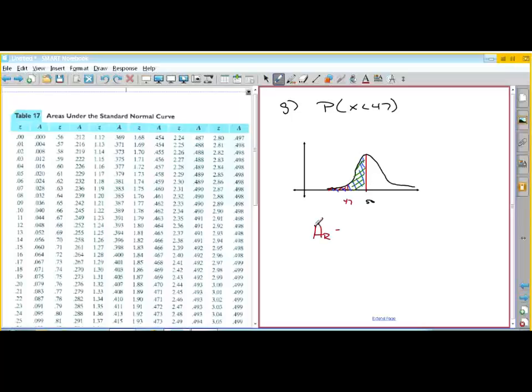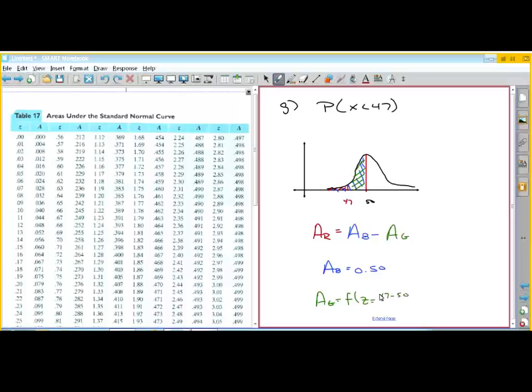So in this case, our red area is equal to our blue area minus our green area. But for our blue area, we don't have to use any calculations because that is 0.5, since it's everything to the left of the mean. The green area is a function of the z-score associated with 47.